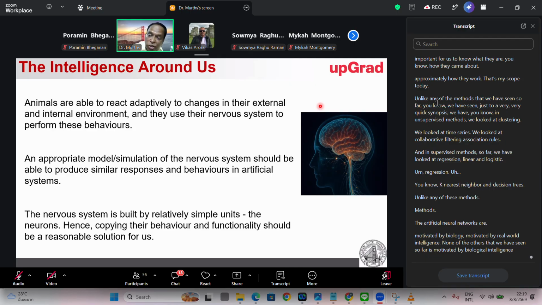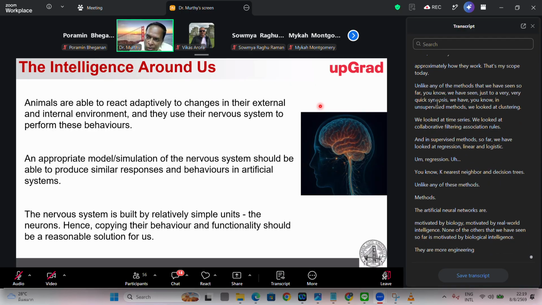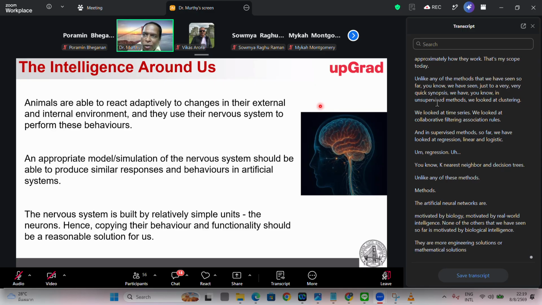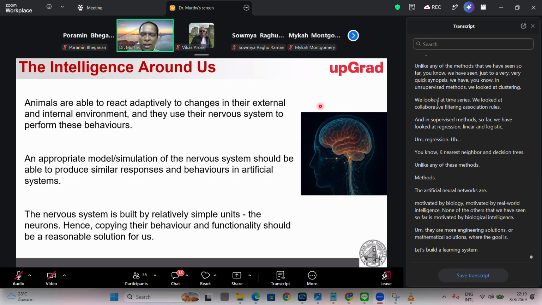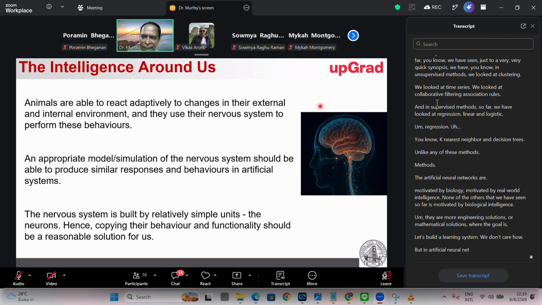They are more engineering or mathematical solutions, where the goal is, let's build a learning system. We don't care how. But in artificial neural networks, let's study the intelligence around us.